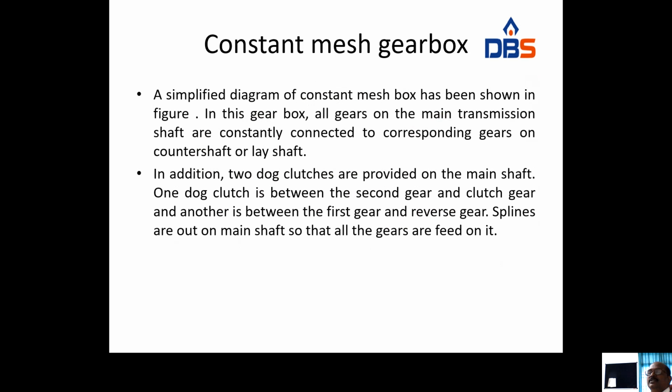The constant mesh gearbox is shown in the diagram. All gears on the main transmission shaft are constantly connected with the corresponding gears on the counter shaft or lay shaft. So the counter shaft gears are fixed to the main shaft gears. In addition, two dog clutches are provided on the main shaft. One dog clutch is between the second gear and the clutch gear, clutch gear meaning the top gear, and another is between the first gear and reverse gear.